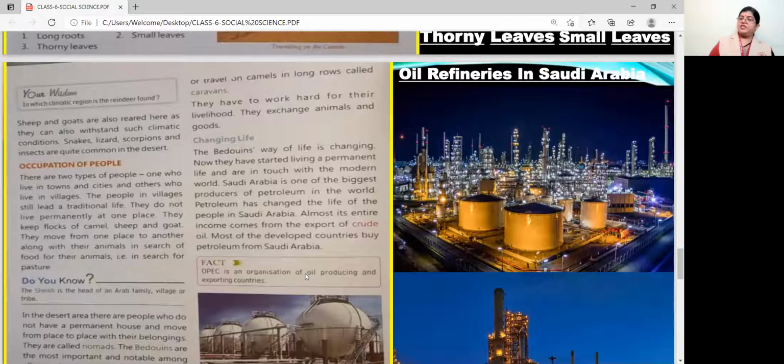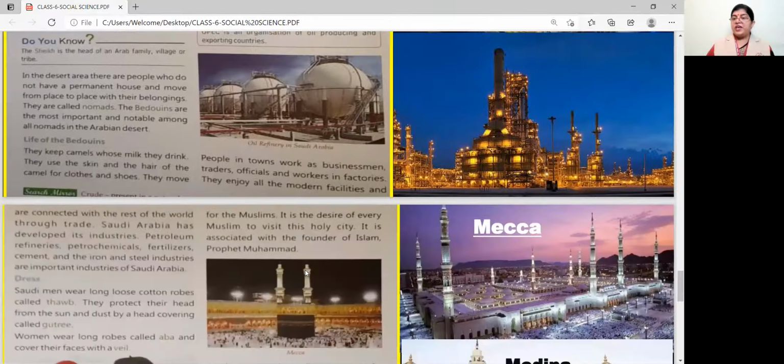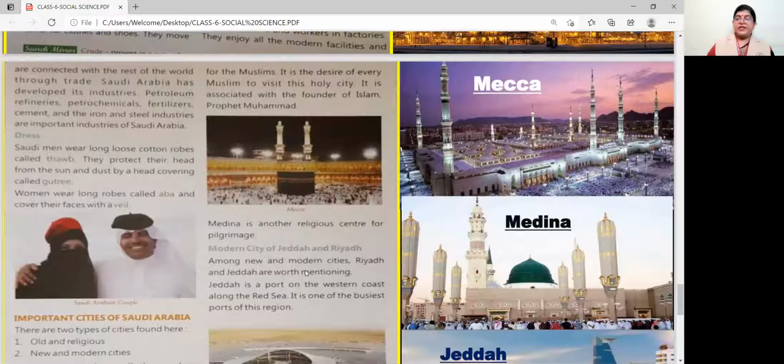When we are studying, children, it's necessary, if we are having a map, we should see the place which we are studying. That's why I'll share that map with you all so that you can understand very well. Now, among the modern cities, we are having Riyadh and Jeddah.